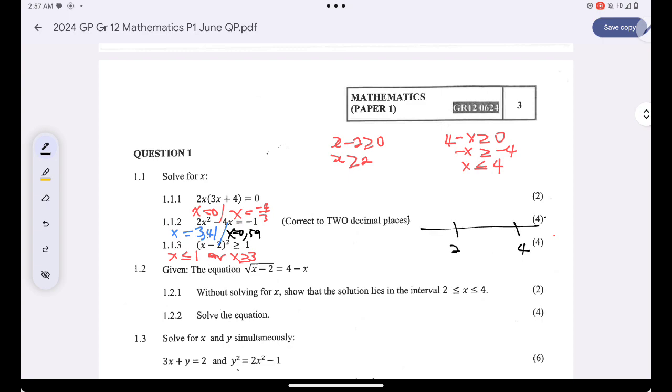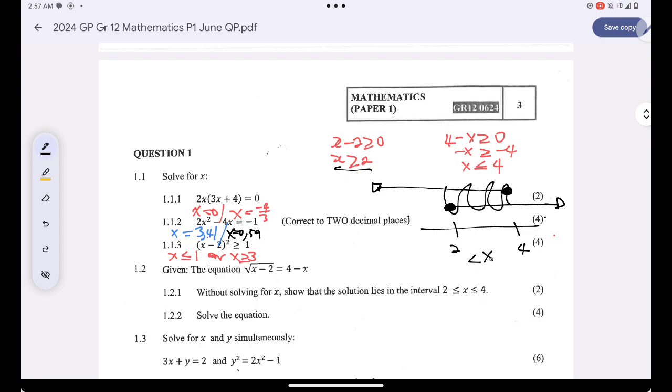I have 2 and 4, right? This one simply says x is greater than 2. When I represent this on the number line, I start from 2 going to the right. This one says x is less than 4. Start from 4 going to the left. Where I have the most number of lines overlapping, that's where my solution is.